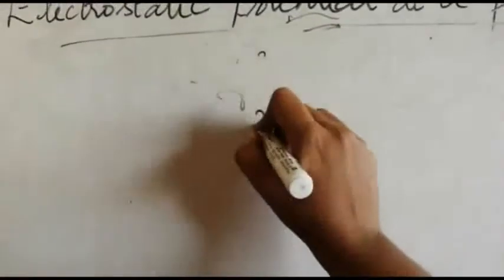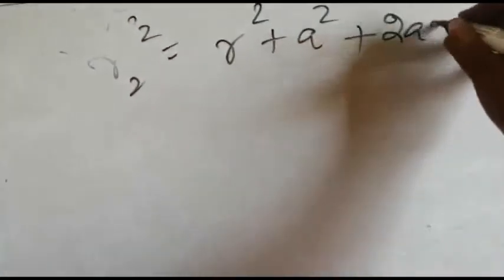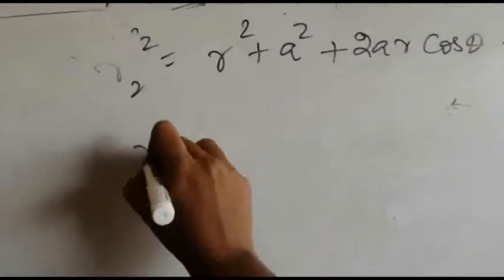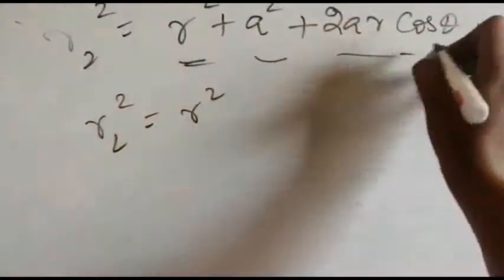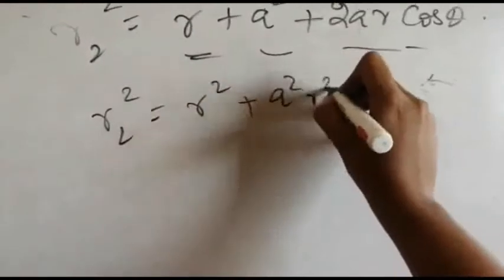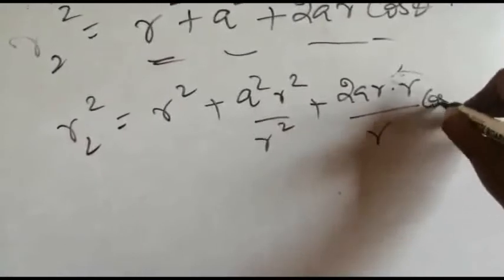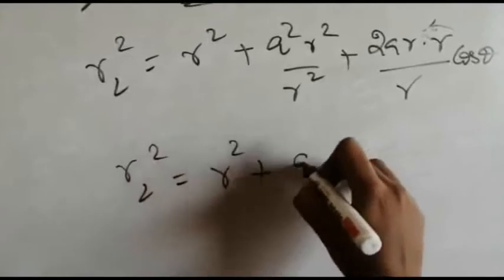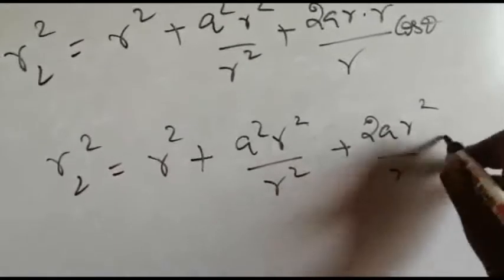And we have r2 square is equal to r square plus a square plus 2ar cos theta. So r2 square is equal to, add this term at every point. So it is a square by r square plus 2ar into r by r cos theta. r2 square is equal to r square plus a square by r square plus 2a r square by r cos theta.